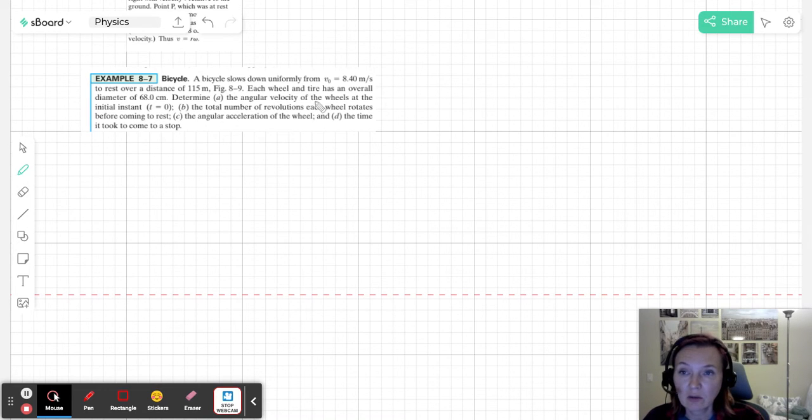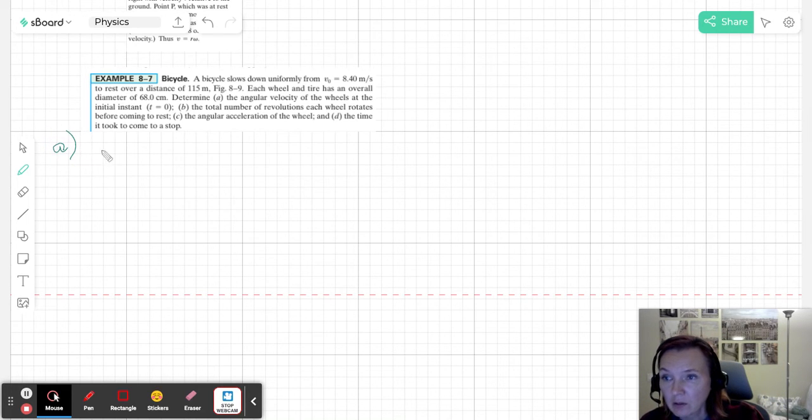We are calculating: a, the angular velocity at the initial time; b, the total number of revolutions each wheel rotates before coming to rest; c, the angular acceleration; and d, the time it took to come to a stop. So four things.